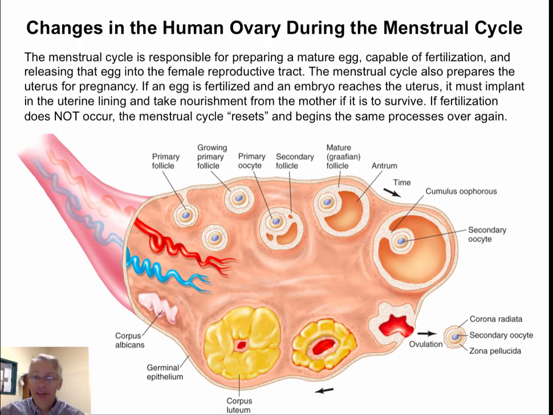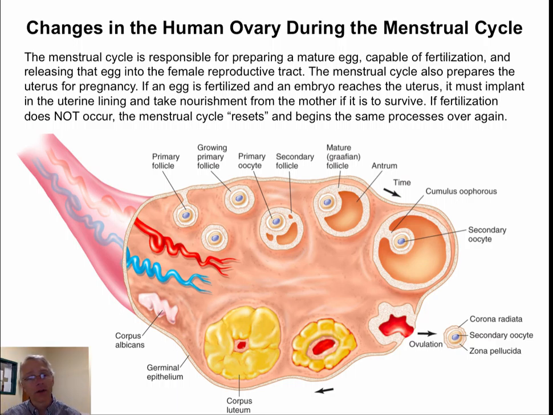Anyway, in the last video, we talked about the female reproductive system and the production of an egg inside the ovary and the release of an egg, ovulation. In this video, we're going to talk in more detail about the events leading up to ovulation and those events that take place after.